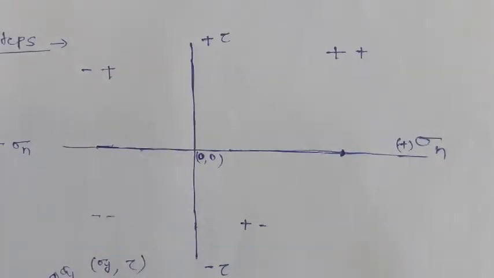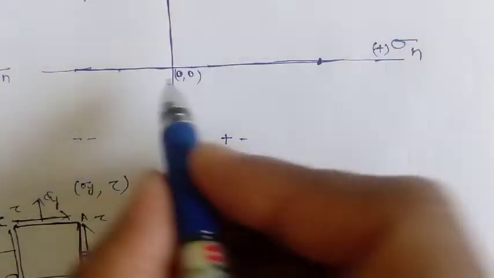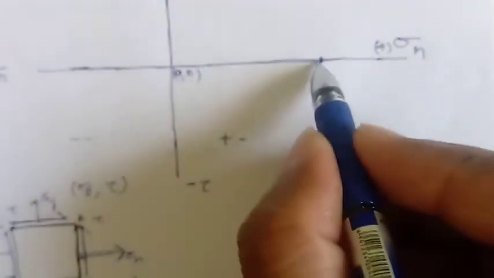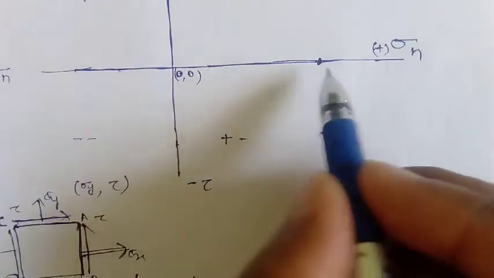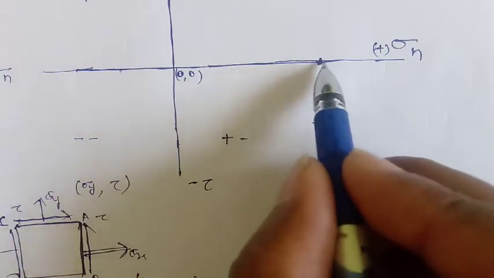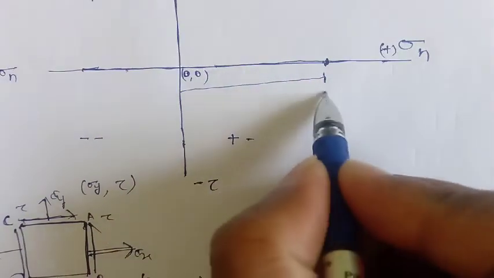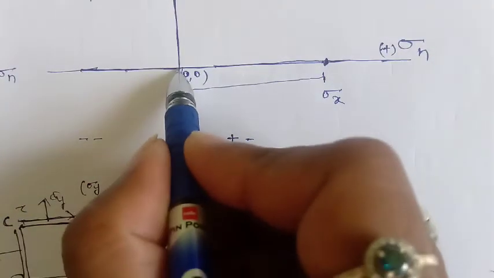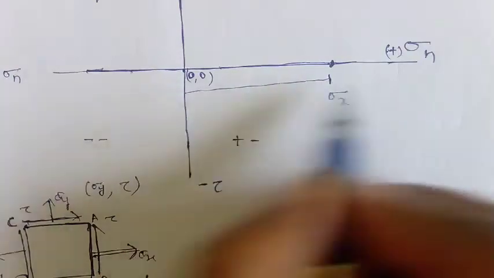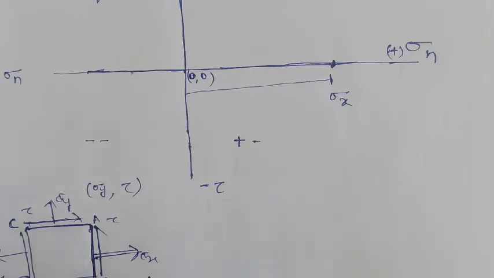So suppose this is the sigma x. I'll write the coordinate system for sigma x, minus tau. So suppose sigma x is greater, so I just denote the sigma x will be here. If it is 10 megapascal, then we take the 10 mm scale and make this point, which is sigma x from the reference. This is our origin. From the origin we have to take the length on the scale. Now the second one, sigma x, minus tau.